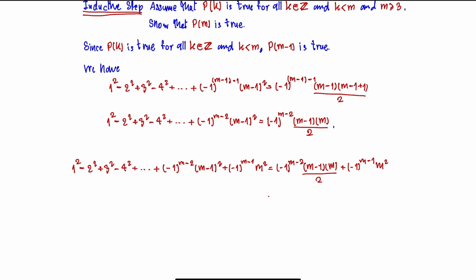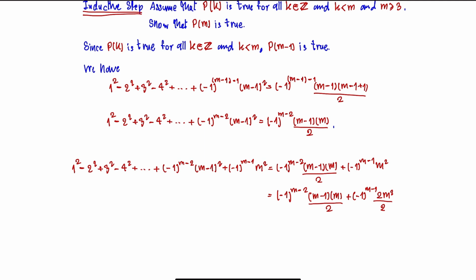Then we try to get an equal denominator, or just factorize. So we have minus 1 raised to the M minus 2, times M minus 1 times M over 2, plus minus 1 raised to the M minus 1 times 2M squared over 2.